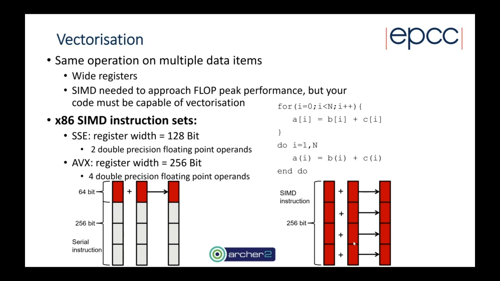In very much the same way, some codes can be ported to GPUs easily and run there and get good performance, and other codes can't because of their structure, or it would take a lot of effort. And in a lot of ways, we can think of vector units on CPU cores as having very similar functionality to GPUs.